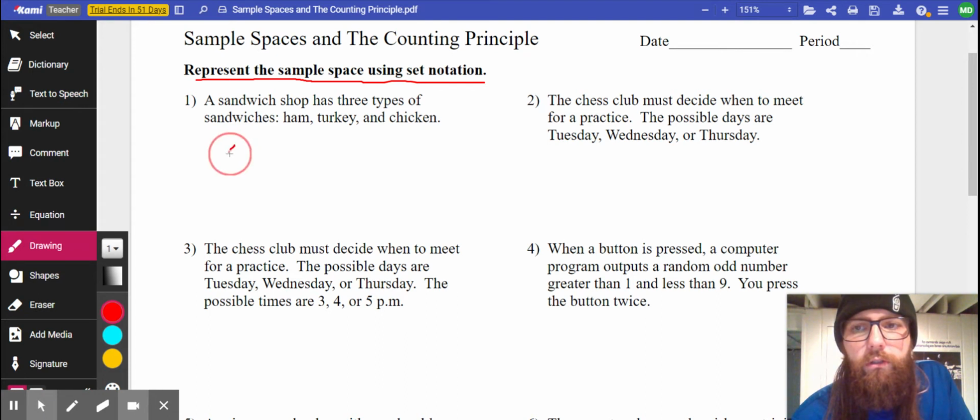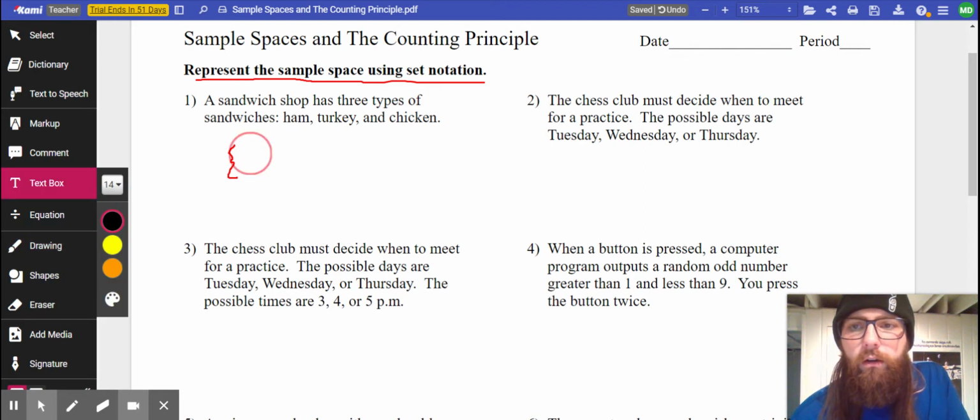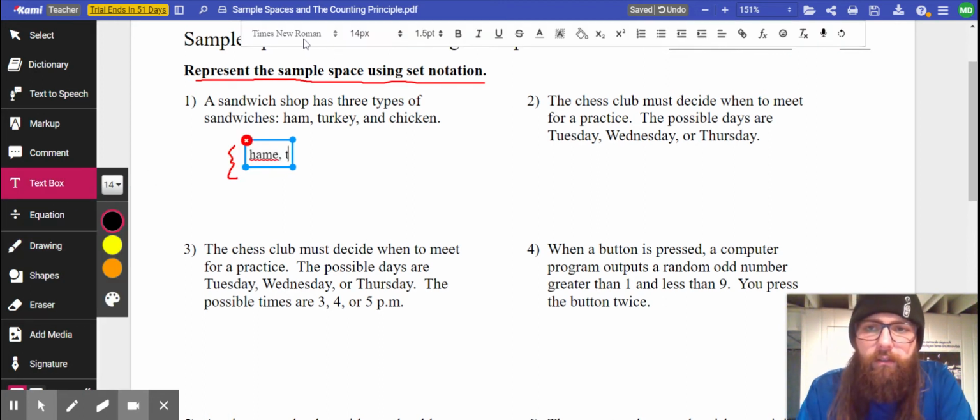This problem's a little bit too easy, so don't think too hard. Literally, and this is set notation, that's a squiggly bracket. Literally, we just list our options here. So our options are, we can get ham, turkey, and chicken.